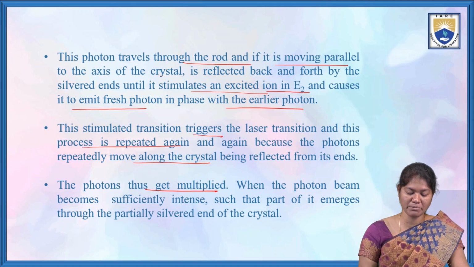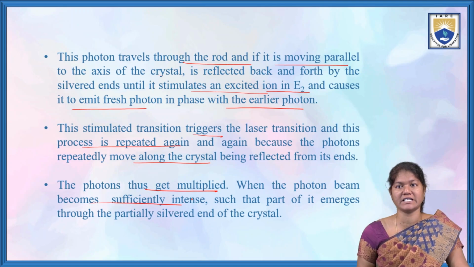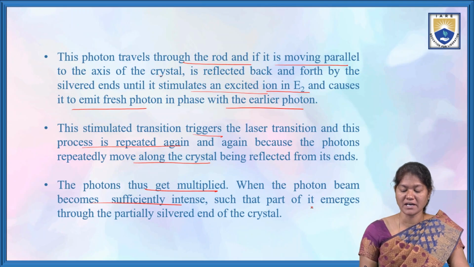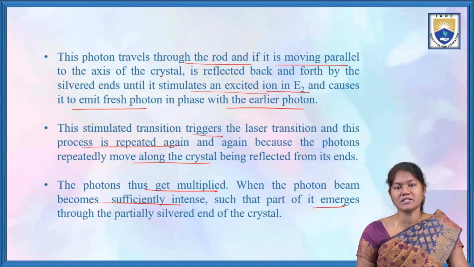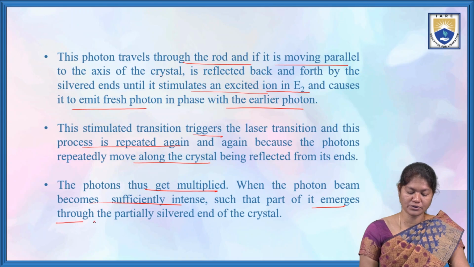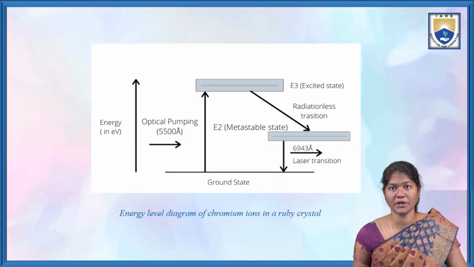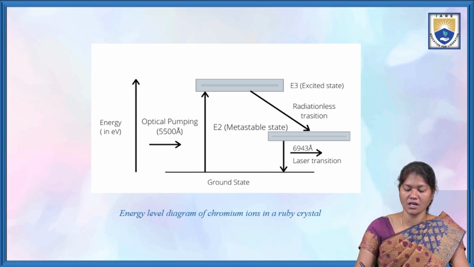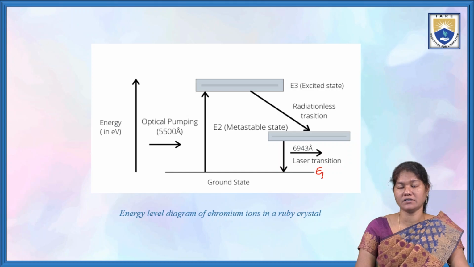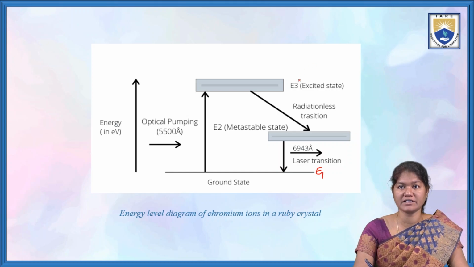When the photon beam becomes sufficiently intense, part of it emerges through the partially silvered end of the crystal. So in this diagram, we have ground state energy level E1, excited state energy level E2, and E3.